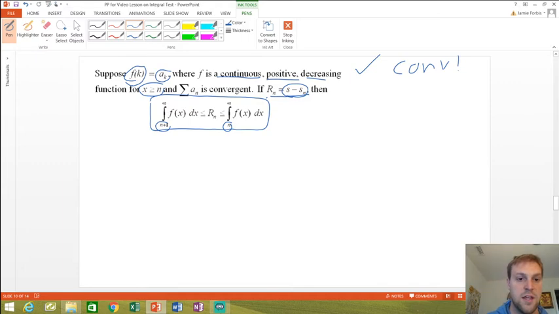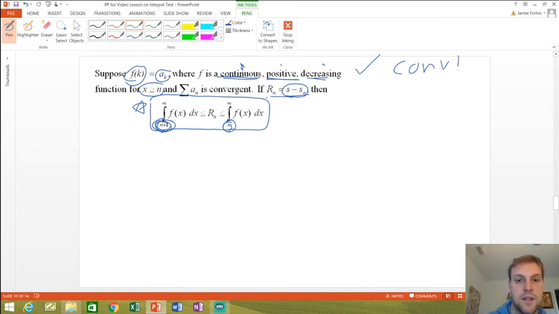As long as you know what n is, you can set these up no problem because this is just n plus 1 and this is just n. So the math and the setup is super easy as long as you can memorize this. But I would like to try to explain where it's coming from. That's my goal in this next little piece. Okay, let's use an example. Let's say I have these criteria: it's continuous, positive, decreasing for the function.